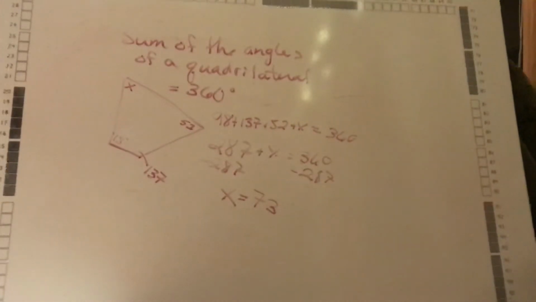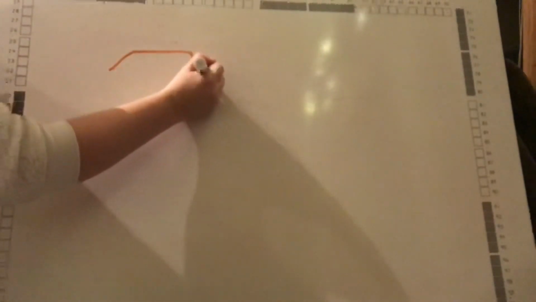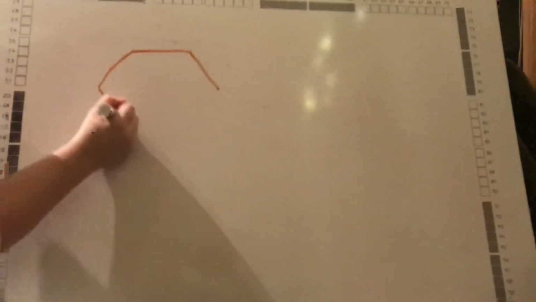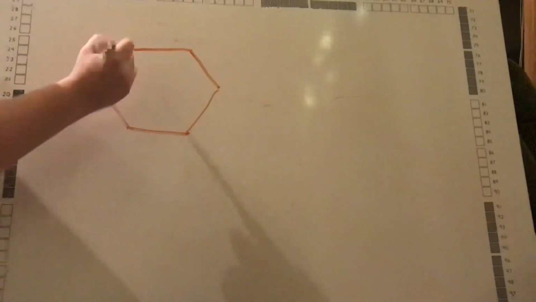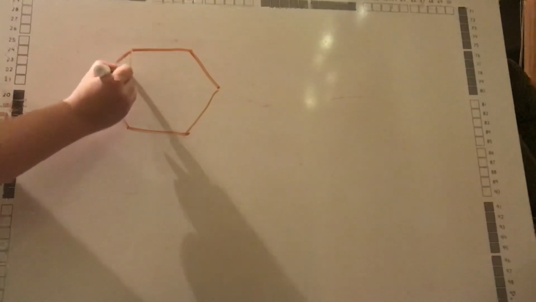Okay, so this is all pretty easy math. So what do we do if we have something that's 6-sided or 8-sided? So if we have something, say, that is 6-sided, the first thing we could do to figure out the sum of the angles is draw it into triangles. So draw a line.